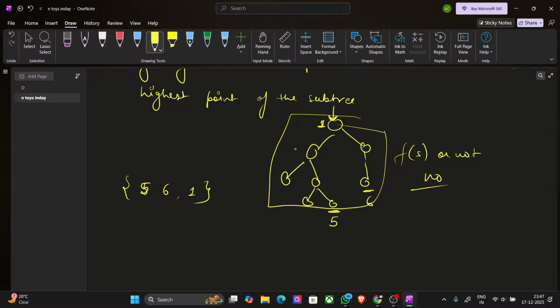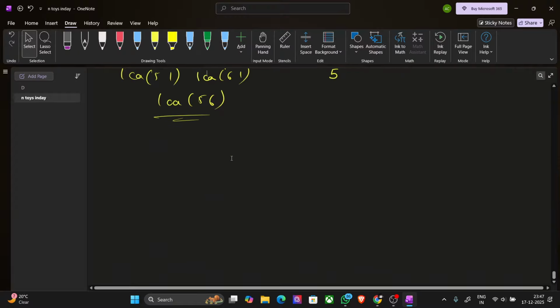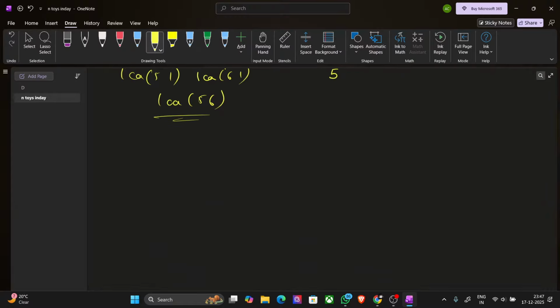I don't need these elements, because when you take the LCA of any two elements here, 5 and 1, 6 and 1, or 5 and 6, the answer is already present in this. Correct?